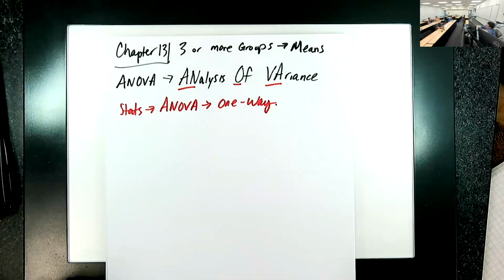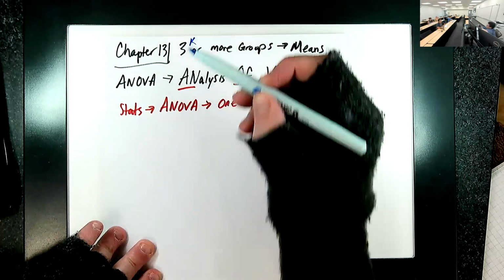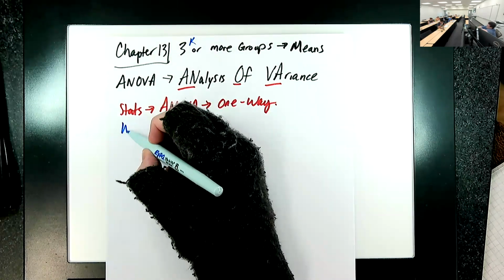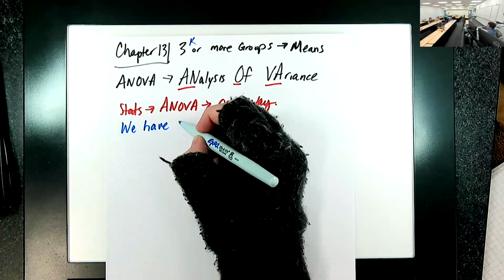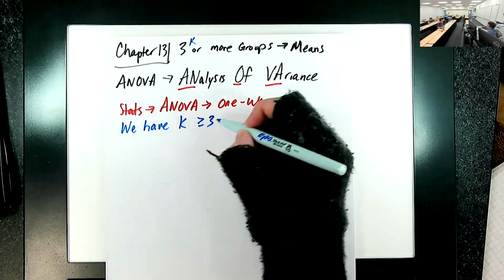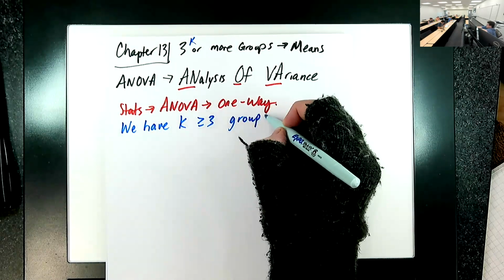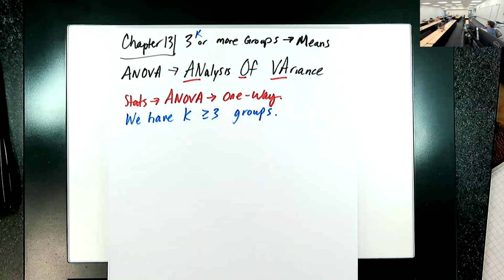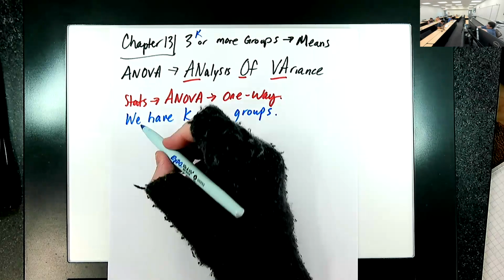This says 3 or more groups. I'm going to say K or more groups. So we have K groups, K being greater than or equal to 3 groups. It helps me a little bit on the next description of what H naught is.